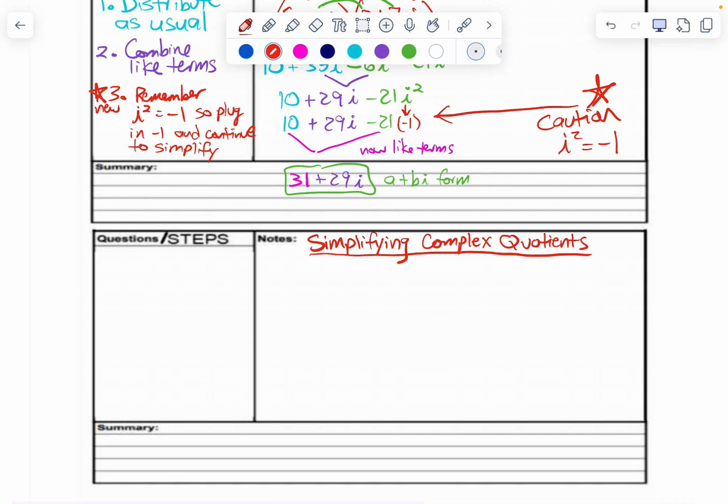Do you guys remember what quotient means? What does it mean? Yeah, it's from a division, but we can also see it as a fraction, it looks like. That's kind of the idea. But we're not going to actually divide. That's why it says simplify.